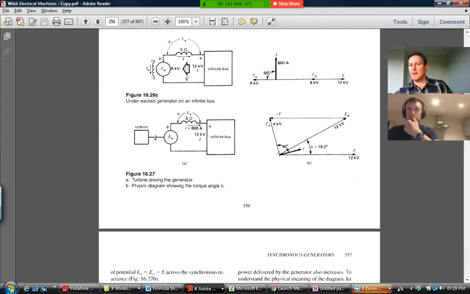Once we know where that vector would be, we've got it in terms of size and in terms of angle. Then the next thing is that we know that the current in this reactance, because it's a pure reactance, the current must be exactly 90. So the angle between that thing there and that thing there must be exactly 90, which means once you know where this one is, you now know where the current is.